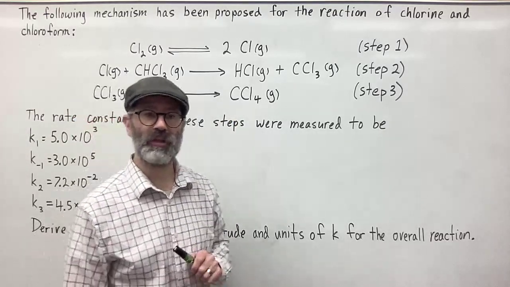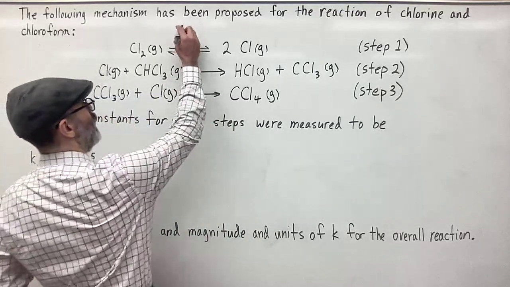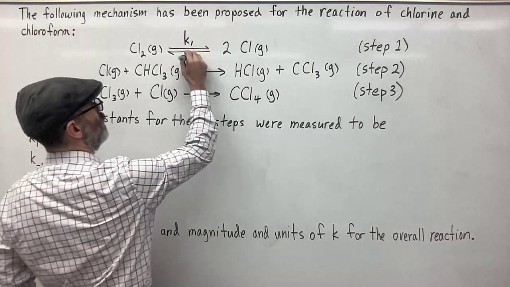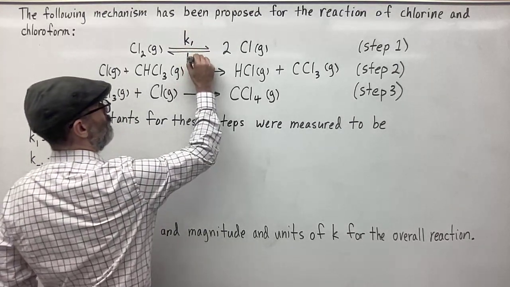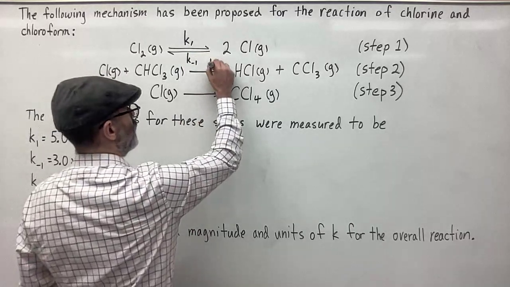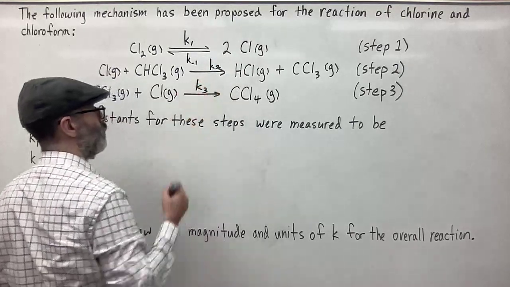And so we're given some information about the K values. So let's label these K values here. This is going to be K1. This one's going to be K minus 1 for the reverse. This one's K2. And this one is K3.